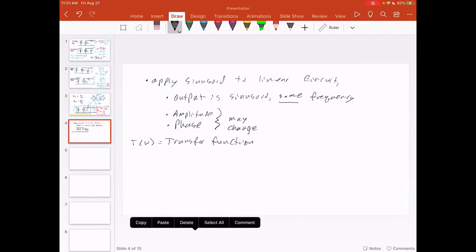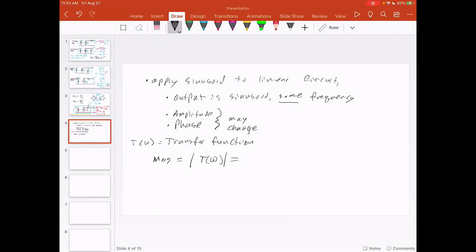And it has a magnitude. That's hard to read, isn't it? There's a magnitude of the absolute value of this transfer function. Not the absolute value of the, well, that's how we find the magnitude.